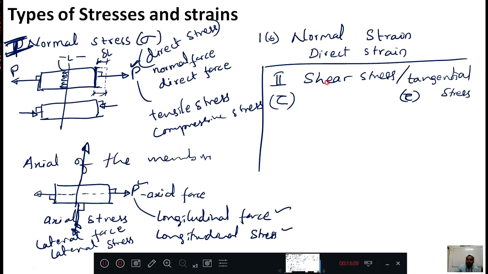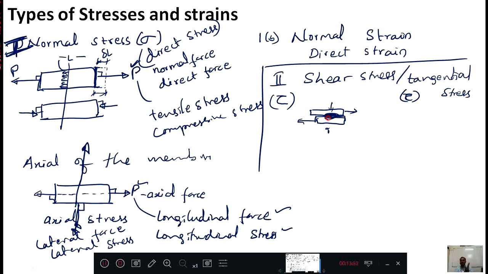Now, shear means what? Shear means a rubbing action between two parts. If I have one stone here, I put another stone here and compact it, and I pull this one this side and that one the other side, then there will be some rubbing action between the two surfaces of the stone.